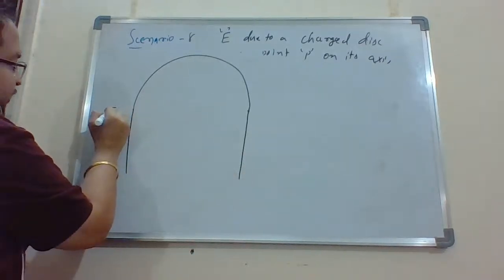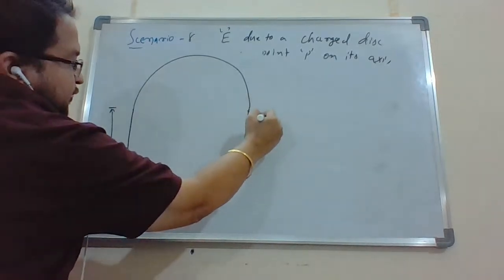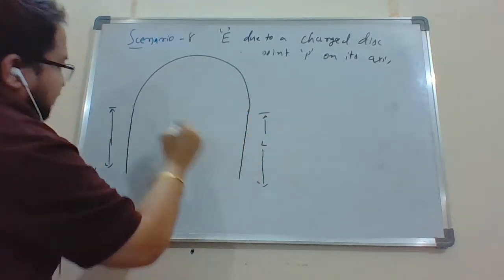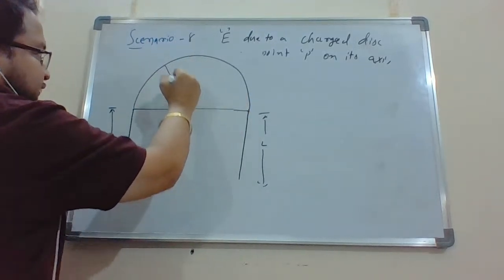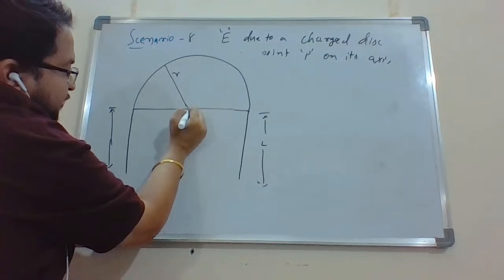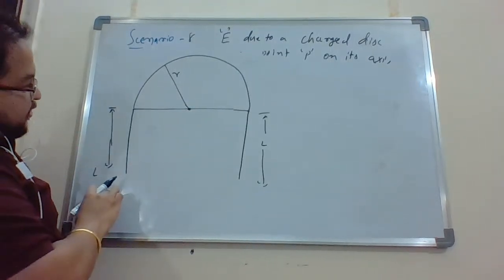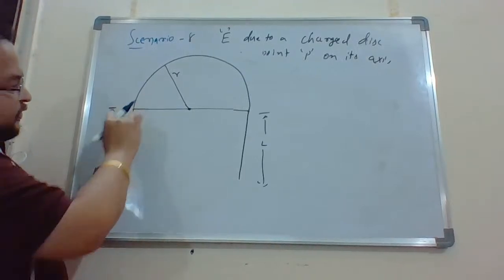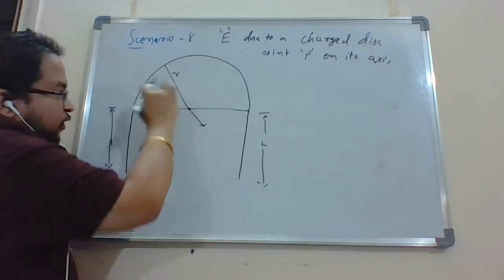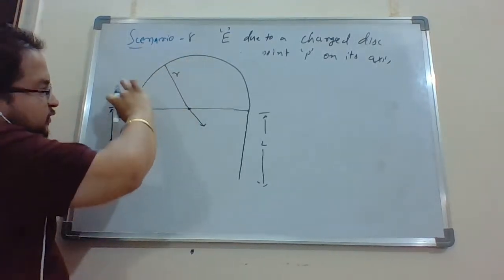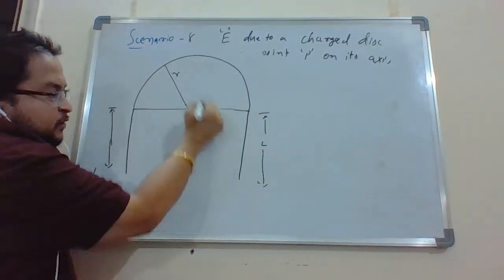Say this is length L, this is length L, and this is a semicircular ring of radius R. Okay, so in this scenario, remember students, we need to break it into segments. Try to find out for this one in the same way which we did earlier.